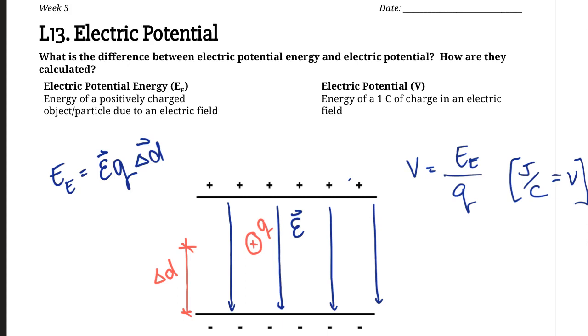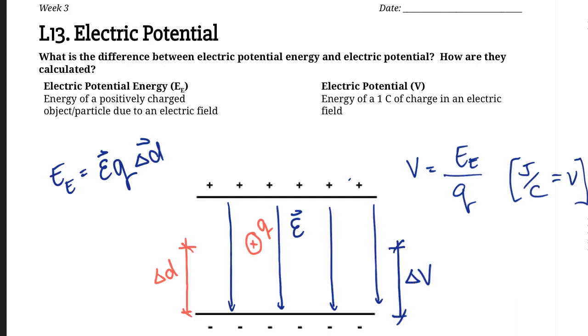And what that does is it means it doesn't matter what the charge is. So if I wanted to find the electric potential difference, the delta V, right, capital V, not small v, between 2 points here, and we're looking at this charge here, the amount of charge that's here isn't going to change what the electric potential is. So this could be a 1 coulomb charge, a 2 coulomb charge, a 10 coulomb charge, and it actually doesn't matter what that is. The electric potential will be the same.